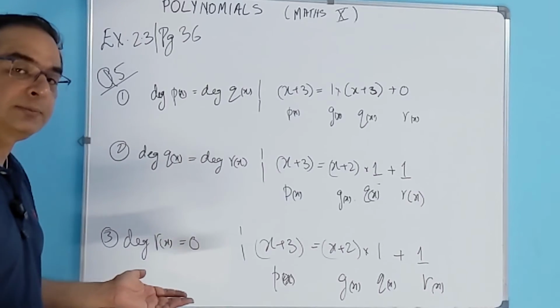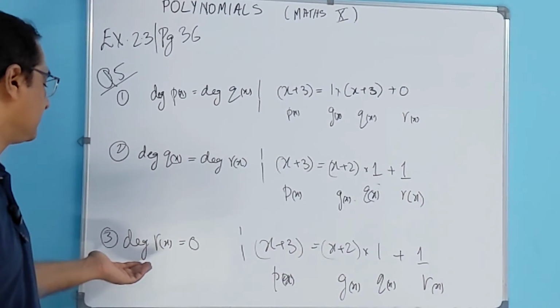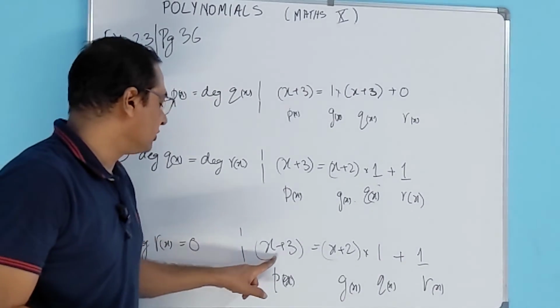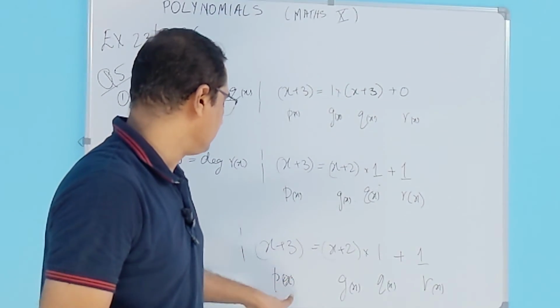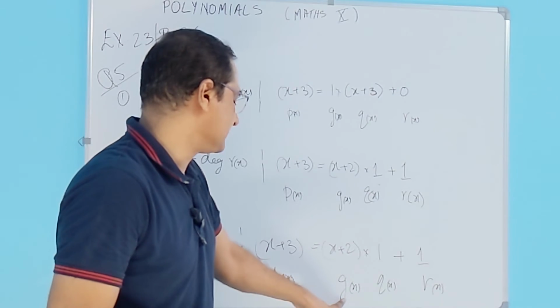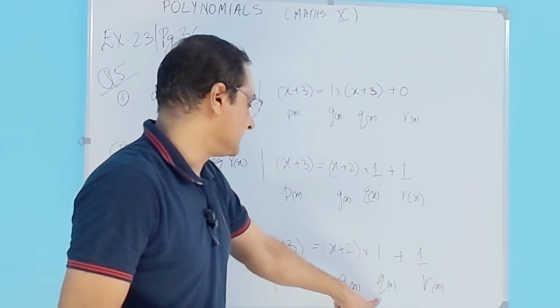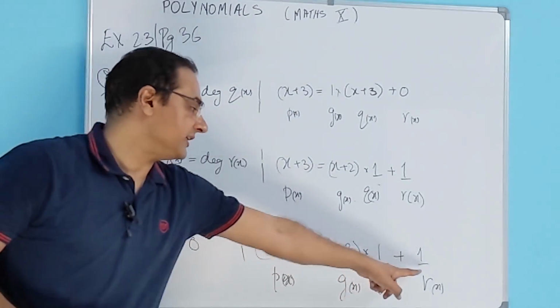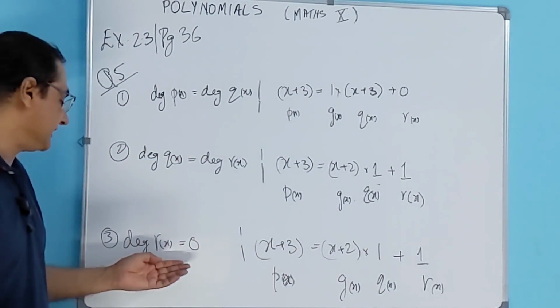If you look at sub question 3, where we need to give an example in division algorithm where degree of remainder is 0. So we look at this x plus 3, which is p(x), equals x plus 2, which is the divisor, into 1, which is the quotient, plus 1. So the remainder is 1, and the degree is 0.